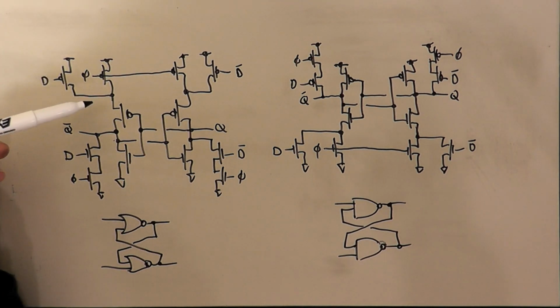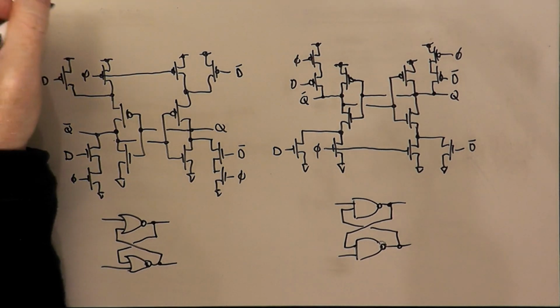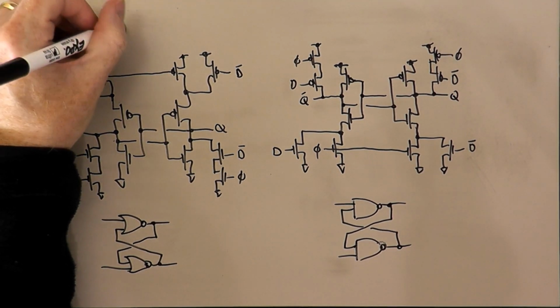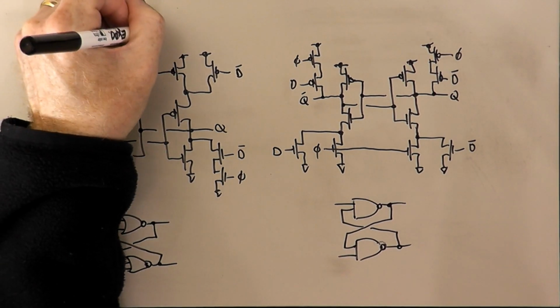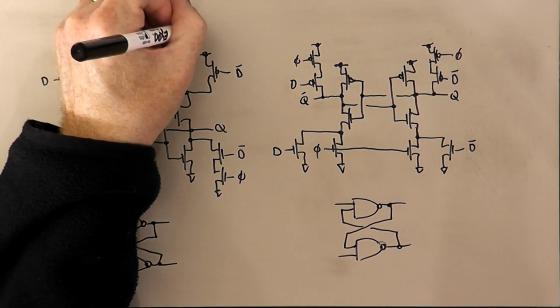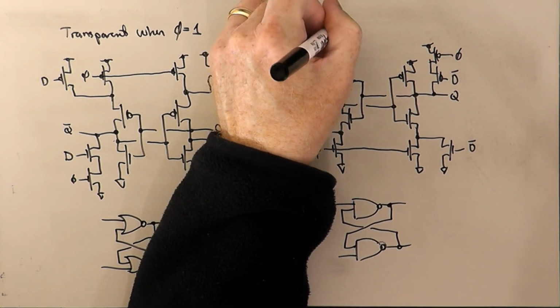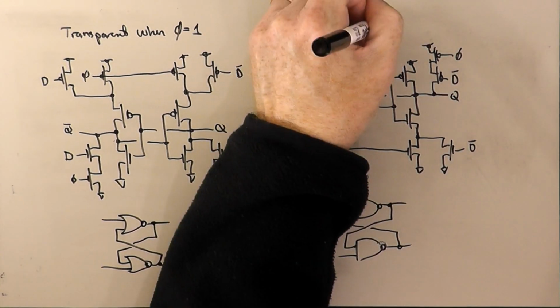this latch is transparent when phi is high. This version is transparent when phi is low.